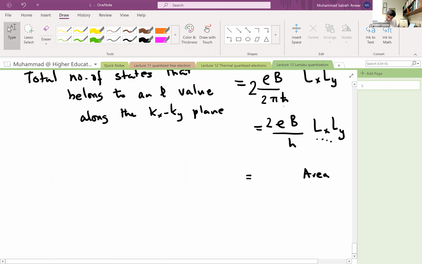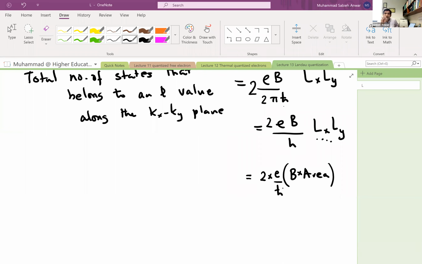So now this Lx Ly is the area. I multiply this with B, and I have 2 times eB over h. So this is the total number of states belonging to a single value of small l, the total number of states in the kx, ky plane.